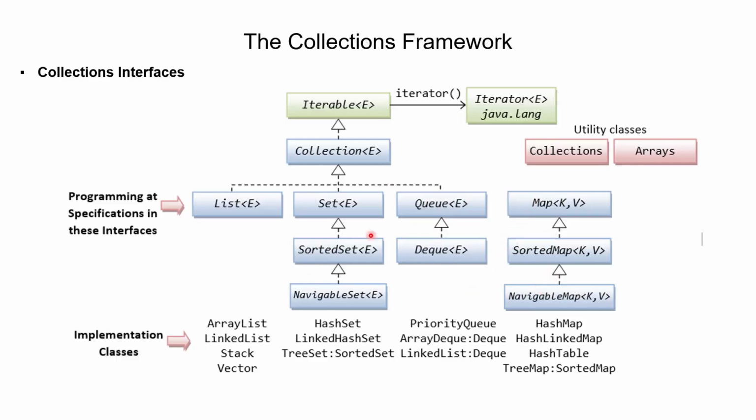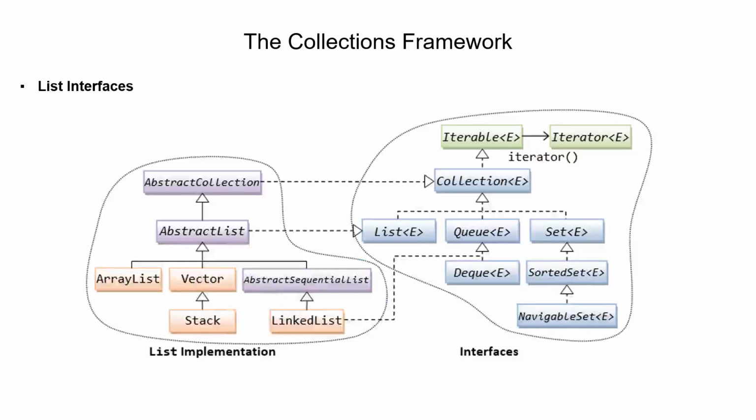This is a great graphic that shows the relationships all really coming down from iterable. So here are the list interfaces, and we can see how the list interface implements the abstract list, and the relationship down from abstract list.